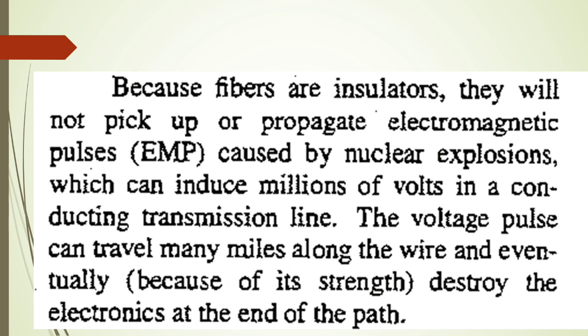So, as fibers are made of insulators, these pulses cannot induce millions of volts in the transmission line. The voltage pulse can travel many miles along the wire, and eventually, because of its strength, it can destroy the electronics at the end of the path.